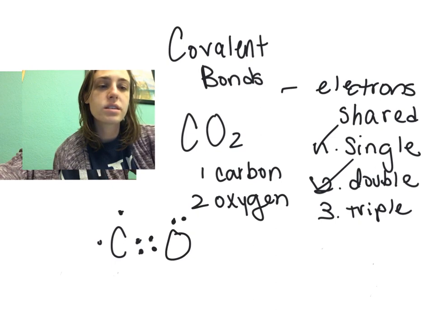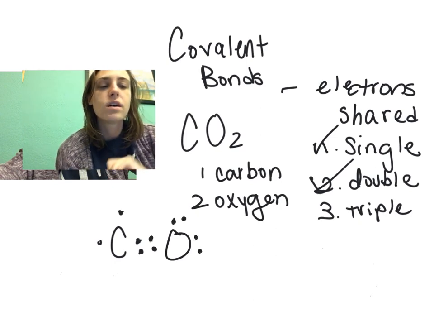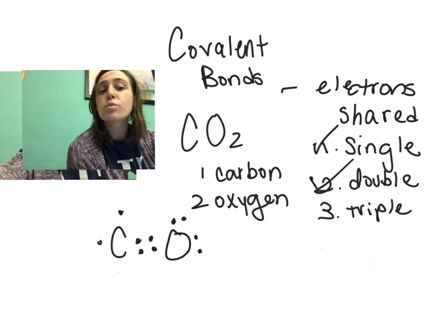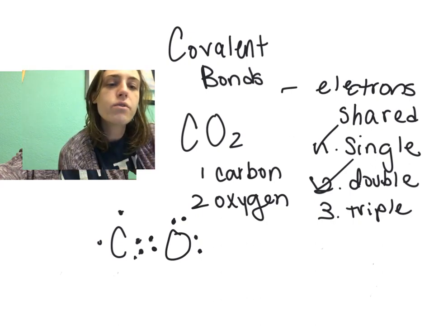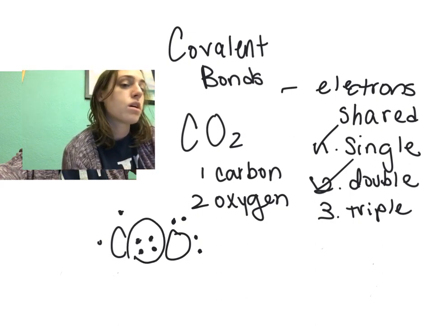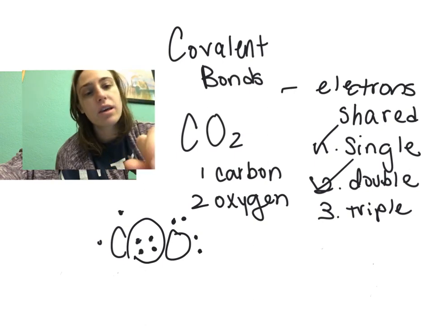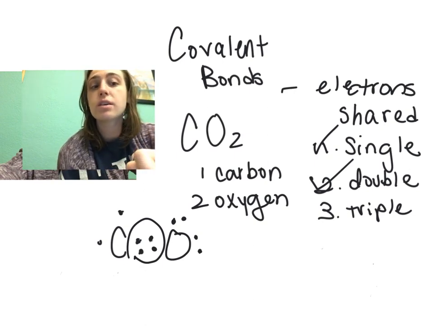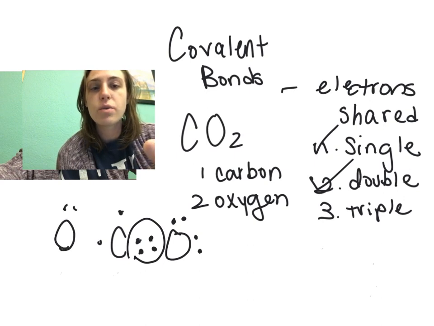So now we got something like that. And that looks weird, but keep in mind, all 4 of these are getting shared between carbon and oxygen. Now, keep in mind, carbon dioxide, we'd still have 1 more oxygen, so we're just going to do the same thing on the other side. So 1, 2, 3, 4, 5, 6.